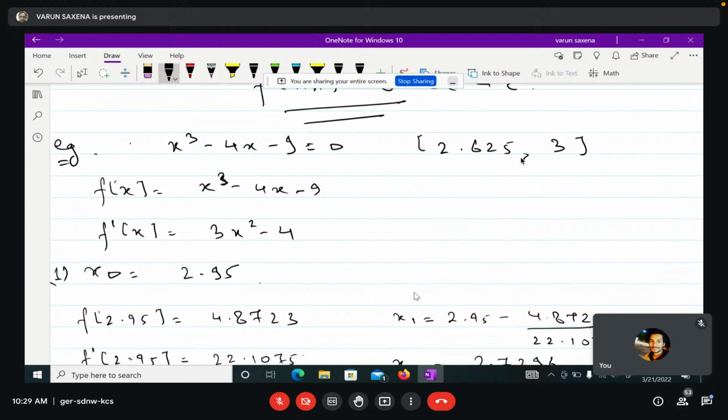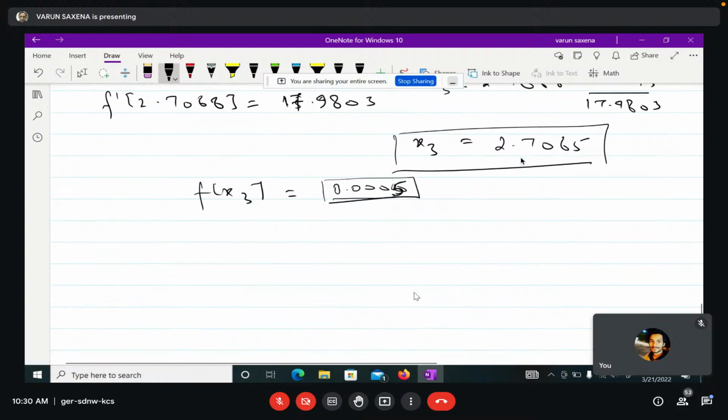If I had chosen 2.7 something, I would have reached the root much faster, because 2.7 is very close to 2.7065, so maybe in 1 or 2 iterations. We'll check all that sensitivity to the initial condition once we do programs on Excel or MATLAB.